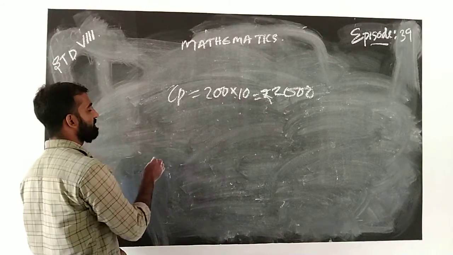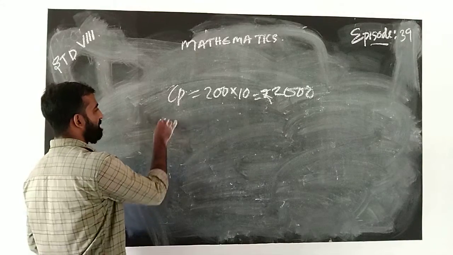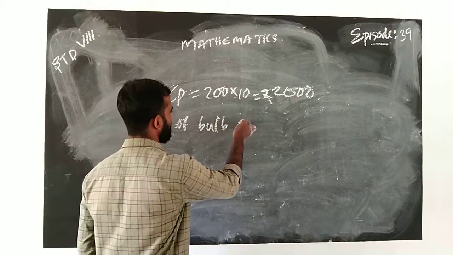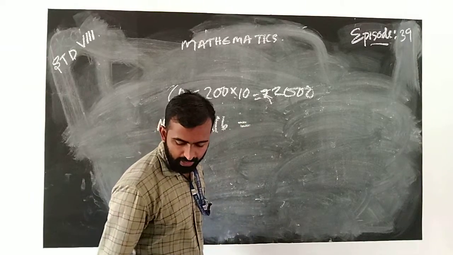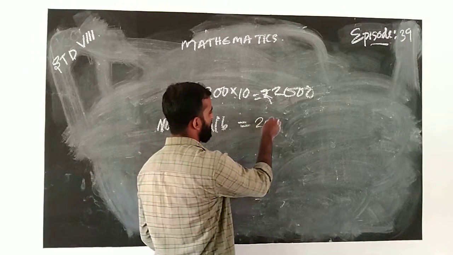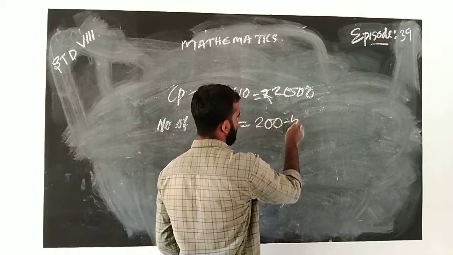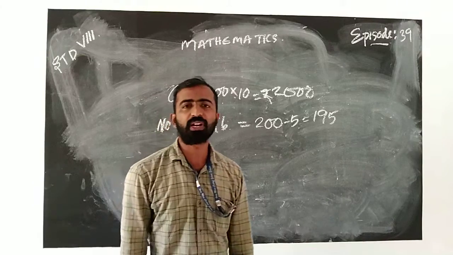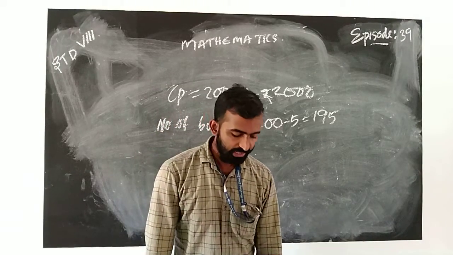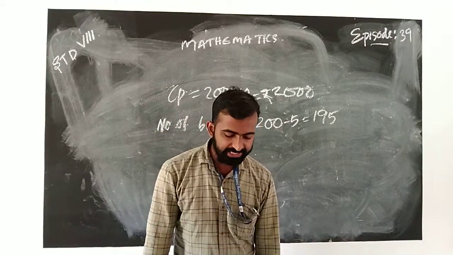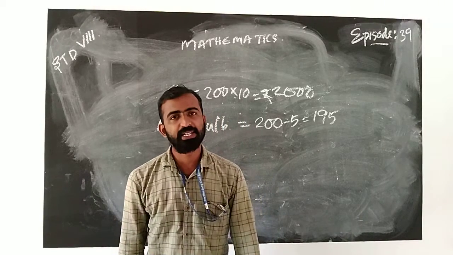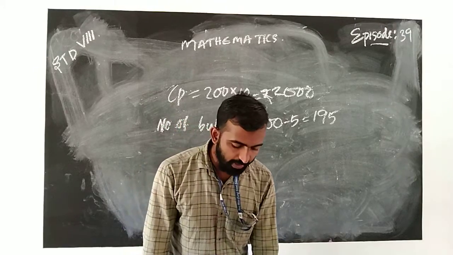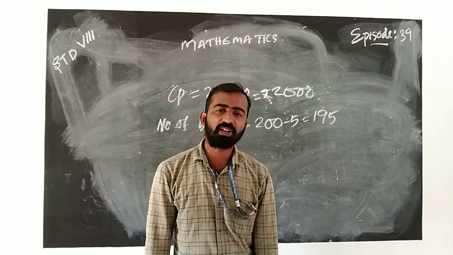After fusing 5 bulbs, number of bulbs equal to 200 minus 5, that is 195. Next, what is the selling price? That is 12 rupees each. Yes. Then how much is the selling price of 195?